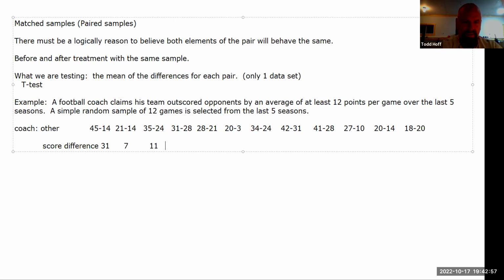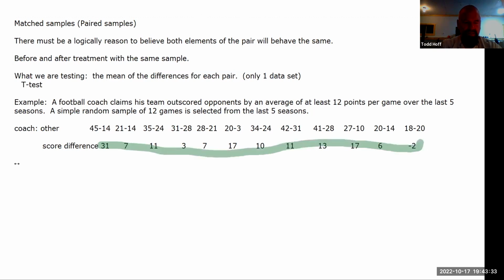This will be 11, 3, 7, 17, 10, 11, 13, 17, 6. Now the score difference here would be a -2. They lost by 2. Now what we're really testing to see is if the mean of this set of differences is really at least 12.